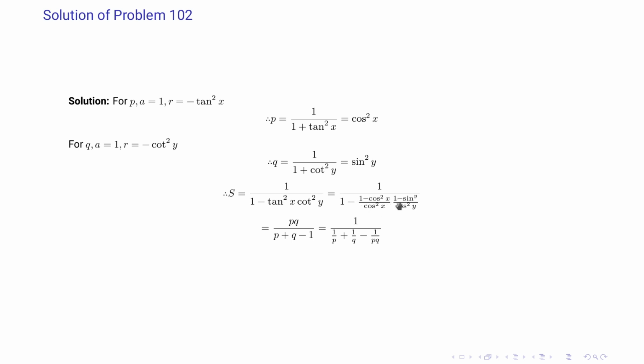And similarly, cot square y becomes 1 minus sin square y, divided by sin square y. So if you solve this, then you get it as pq by p plus q minus 1. Now we take pq to the denominator. It becomes 1 by p plus 1 by q minus 1 by pq.